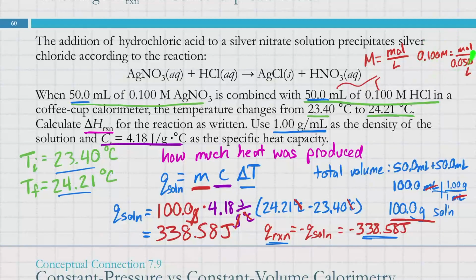If we rearrange to solve for moles, we're multiplying molarity by liters. So our moles is going to be something like this. I never have enough room. So 0.005 with some zeros for significant figures after it.